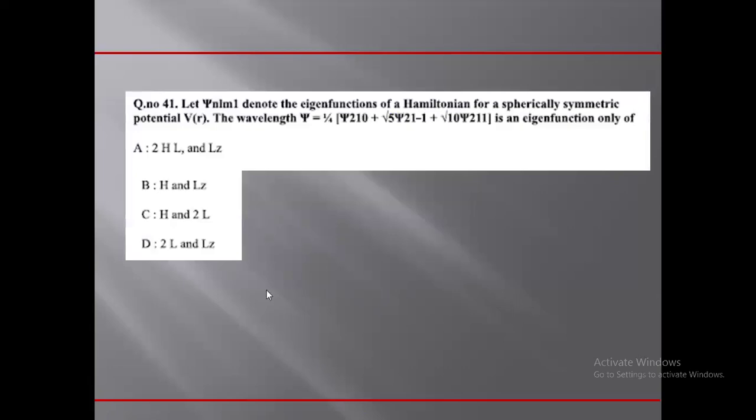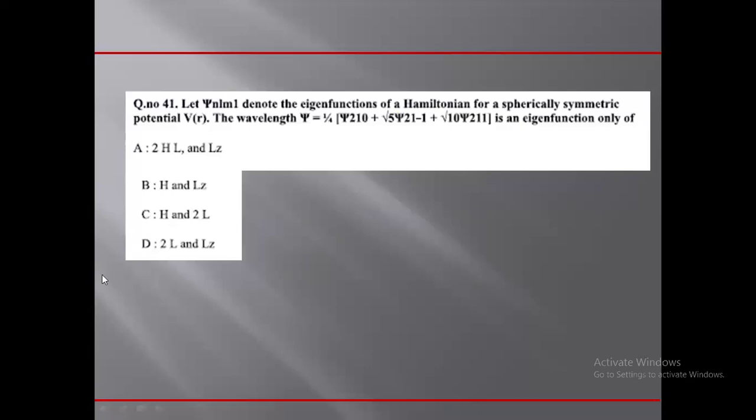Question number 41. Let psi n l m denote the eigenfunctions of the Hamiltonian for the spherically symmetrical potential V(r).